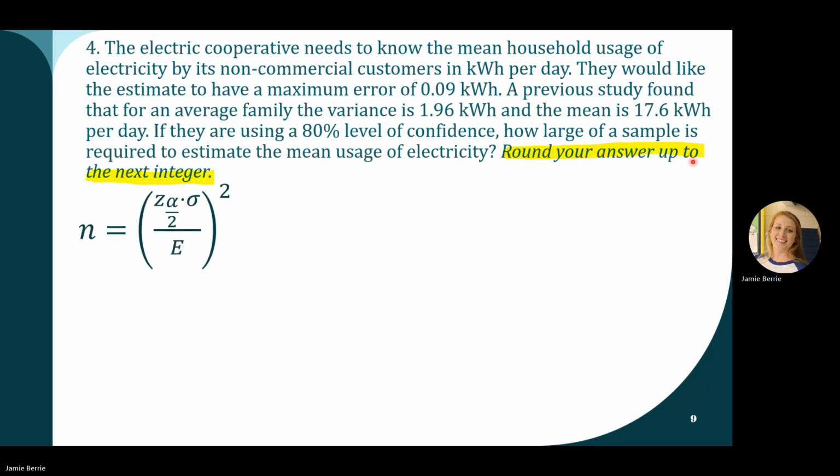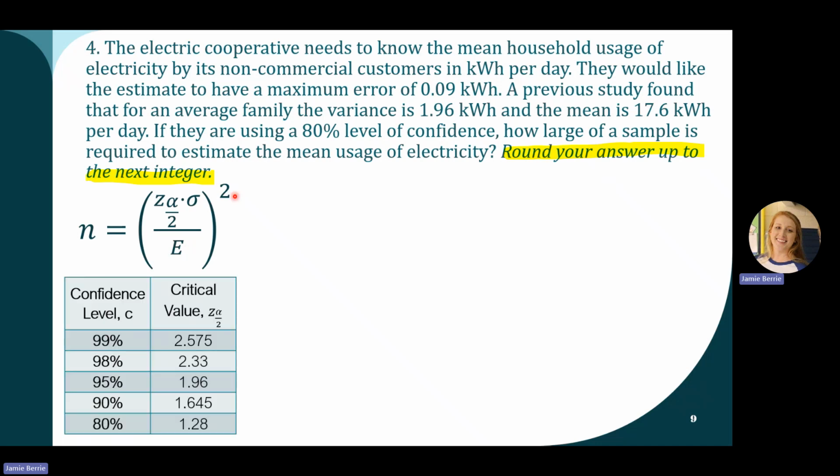Okay, so here's our formula. Sample size equals critical value times population standard deviation divided by the margin of error, all squared. And here's our little table with our critical values. I told you in the problem that my maximum error, or my desired margin of error, was 0.09.